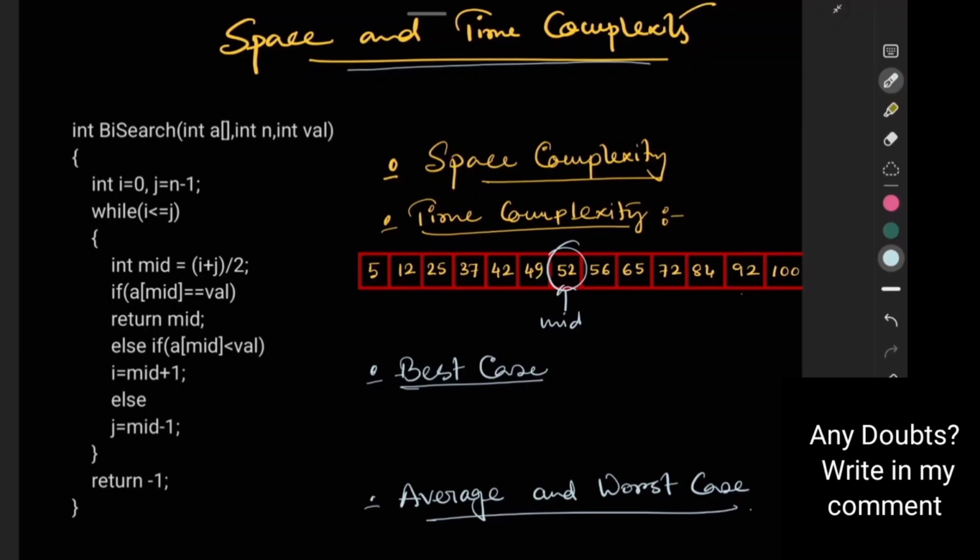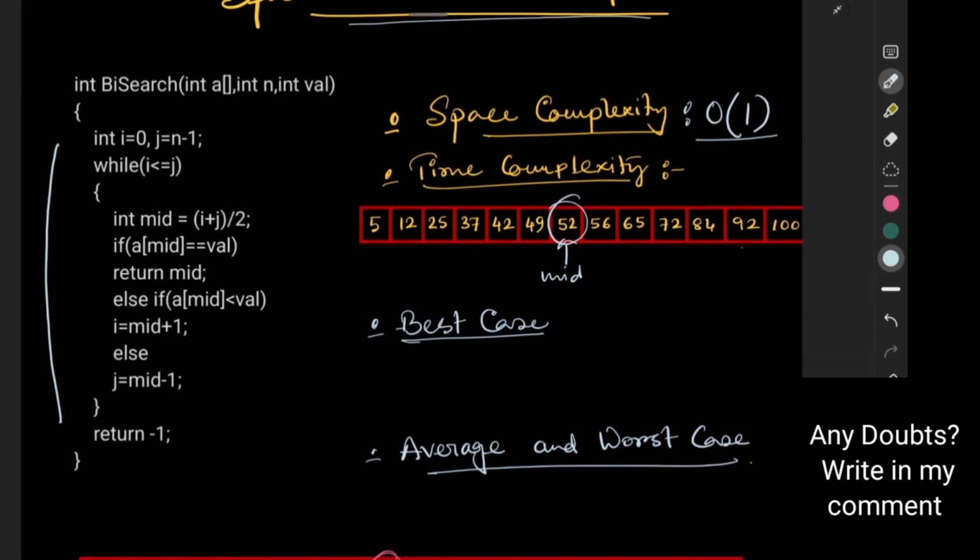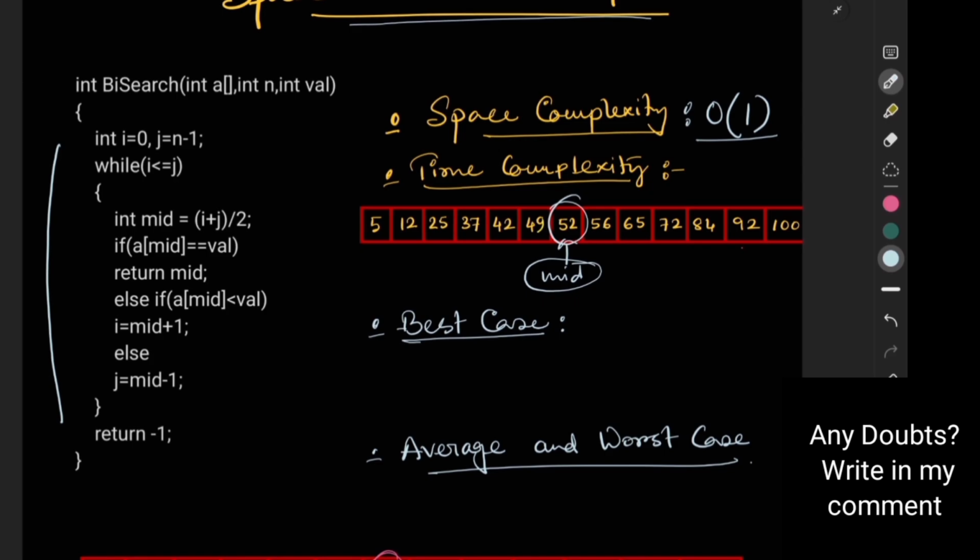Now, let's come to the space and time complexity part. Here in this code, for getting the index from binary search function, there is no need to take any extra space, right? So I can say the space complexity for this algorithm is big O of 1, okay? And in time complexity, in the best case scenario, when I am getting the mid index for the first time, at that time, if I get the value also, that will be our best case scenario.